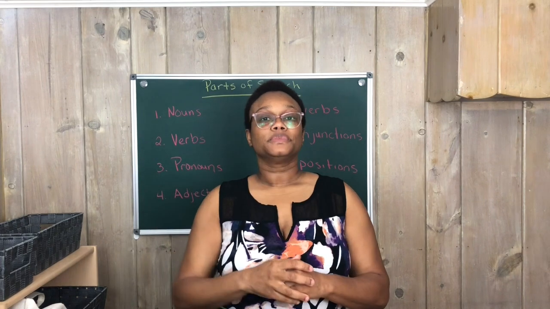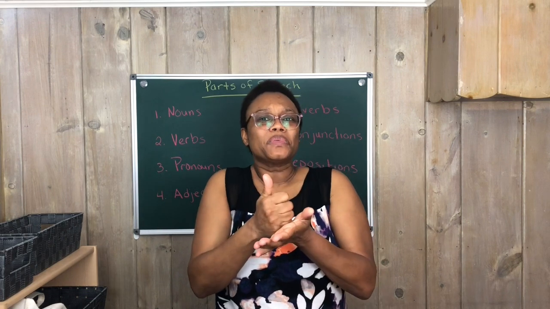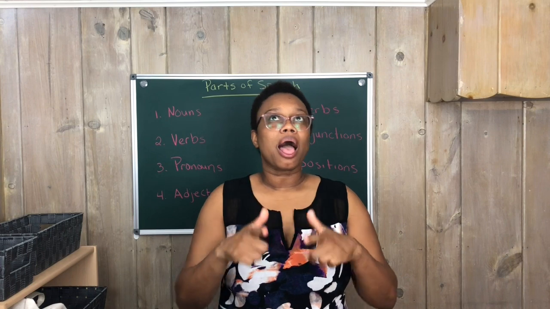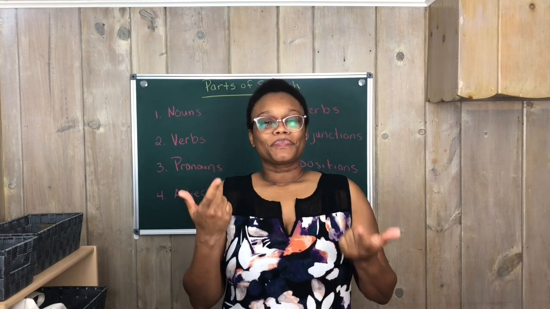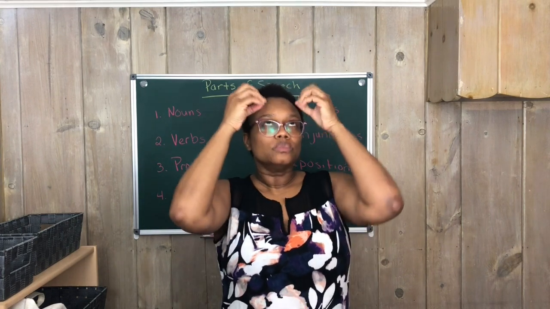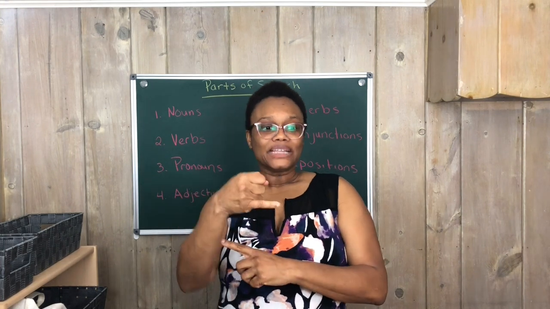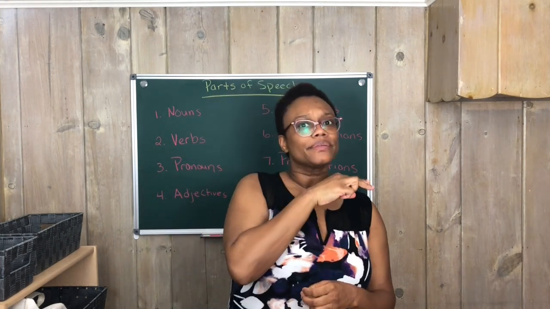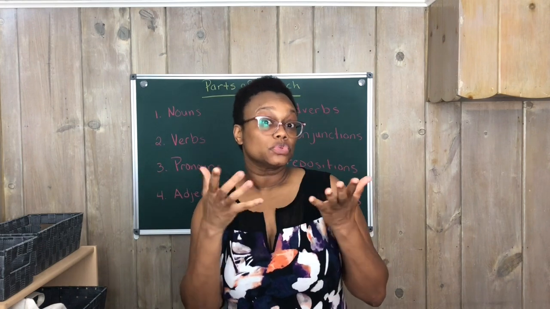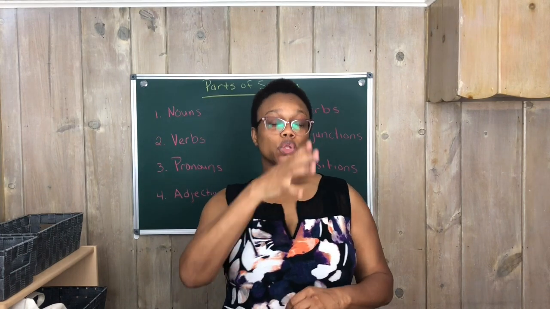The next group are adjectives. Now, adjectives help make sentences and stories more lively. So when you're writing, you can describe more and picture it in your mind. Adjectives are words that describe nouns or pronouns. For example, old, like the old woman.